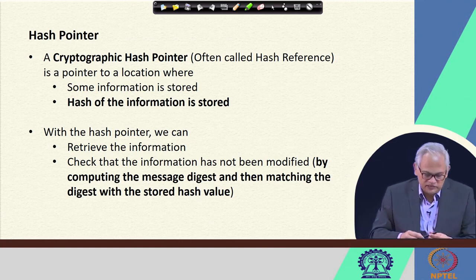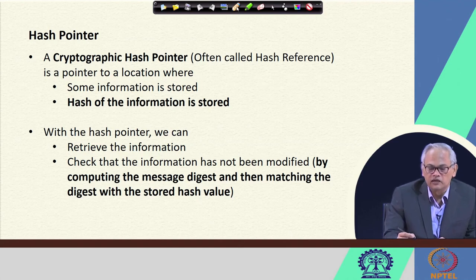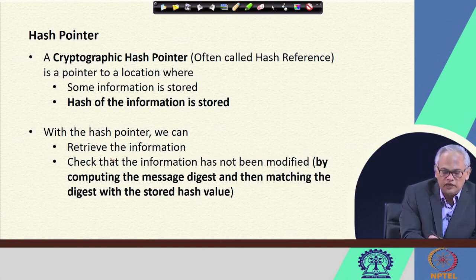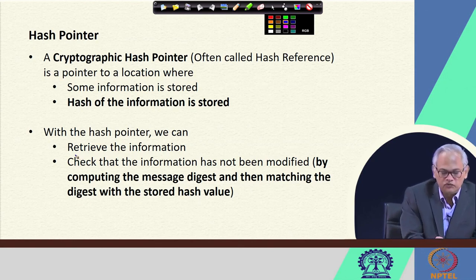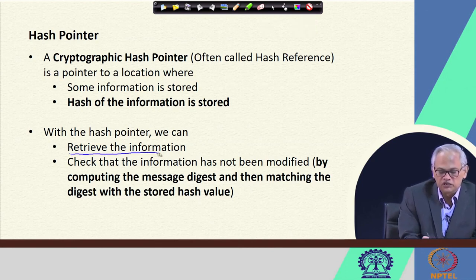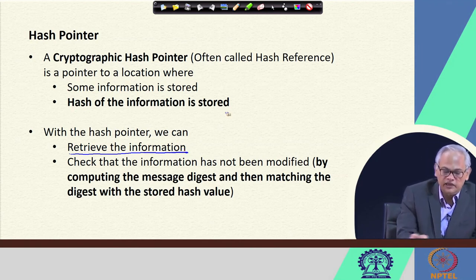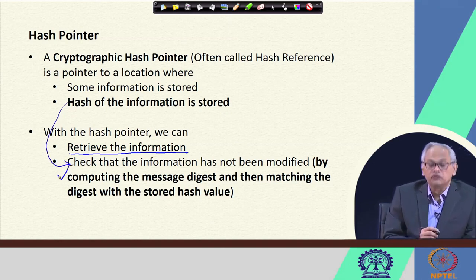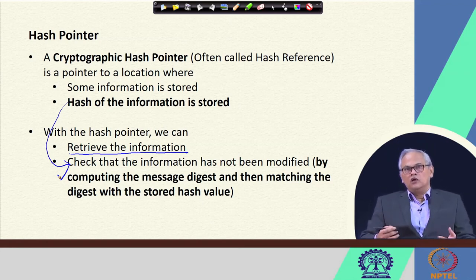As we can see very simply, the basic part is that we have to be able to retrieve the information, that is the first part, that is very important, and definitely that is the use of a pointer, that we should be able to retrieve the information as shown here. And also, and that actually links this first point with the second point, that we can also check that the information has not been modified.